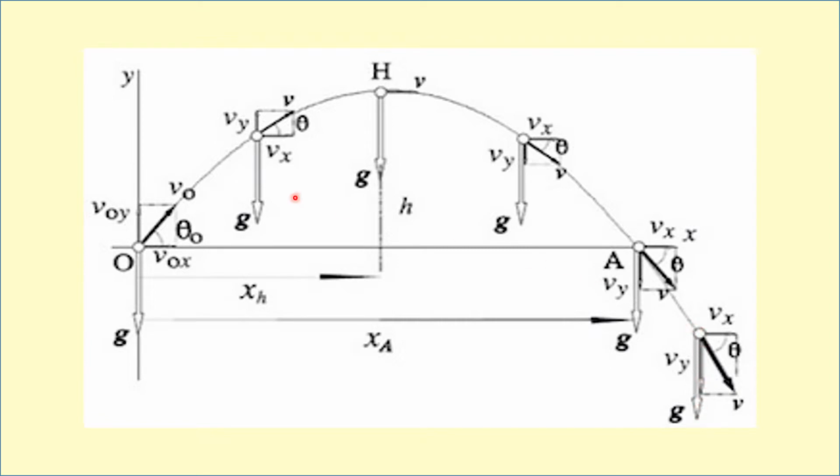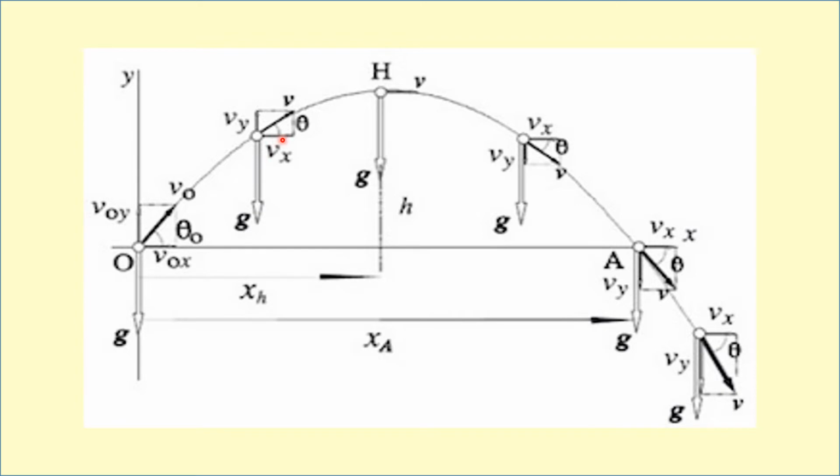Notice how the magnitude of the velocity changes. From the initial position up to this position, we see a decrease in the actual velocity because the vertical component of that velocity is now decreasing. From here, we can say that the vertical component of the velocity is already less than what it had initially.